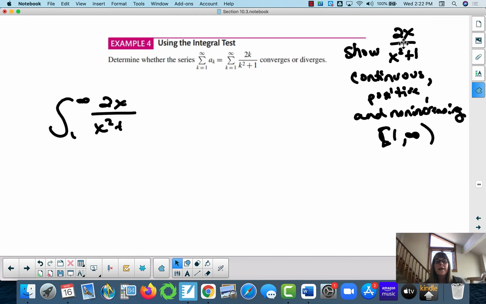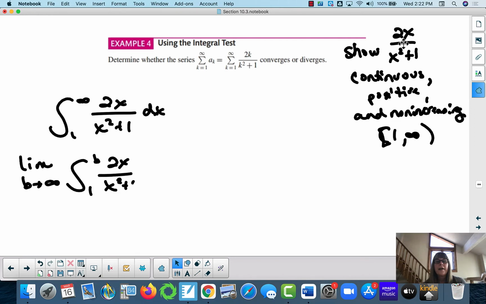This time, this is not an inverse tangent. This is a u substitution problem. So our u is going to be x squared plus 1. Our du is then 2x dx.